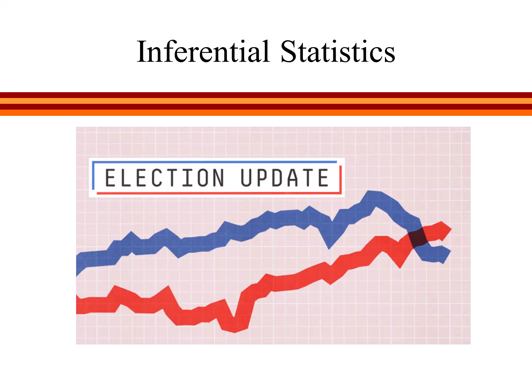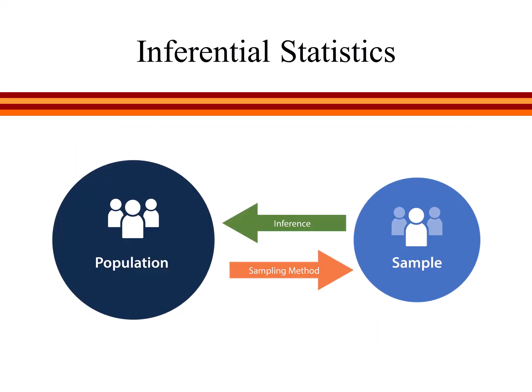As you might be aware, there have been a few cases of pollsters calling an election incorrectly, most recently in the 2016 election. This is because the process of inferential statistics is not perfect, and in order to infer from the sample back to the population, we must first make sure that our sample looks like, or is representative of, our population in the first place.